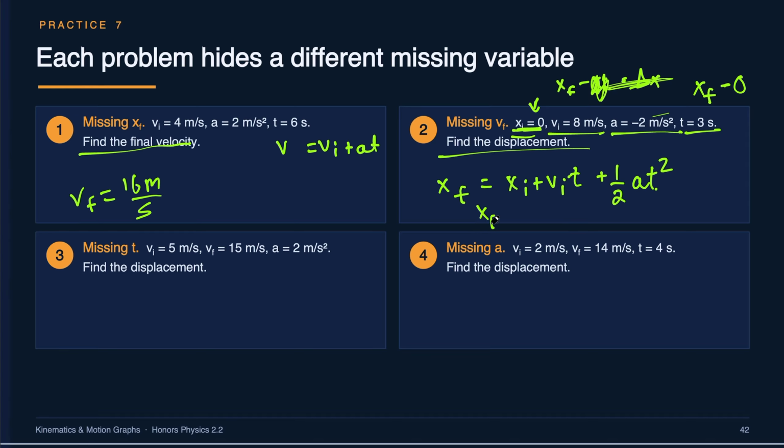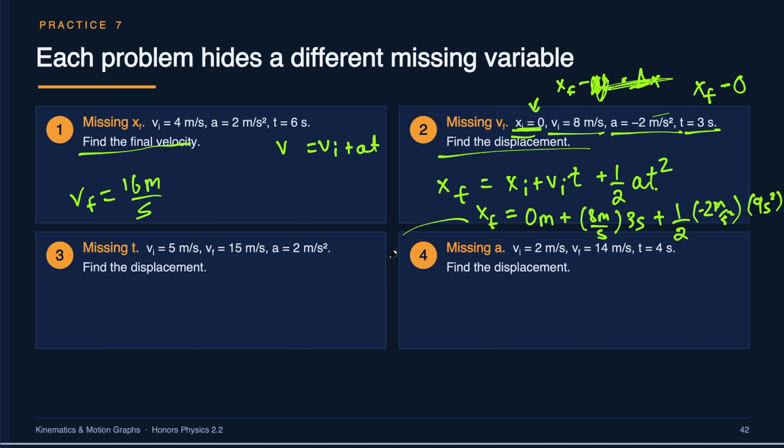S_f is equal to 0 meters plus V_i times t, which is 8 meters per second times 3 seconds plus 1/2 negative 2 meters per second squared times t squared, or 9 seconds squared.